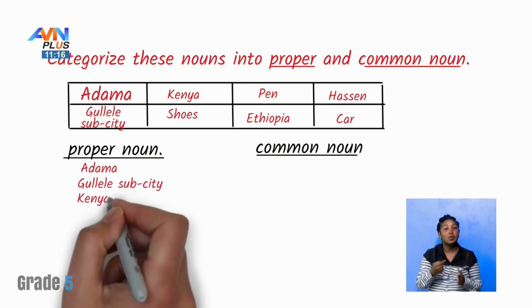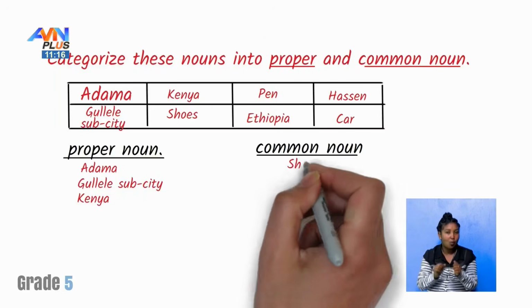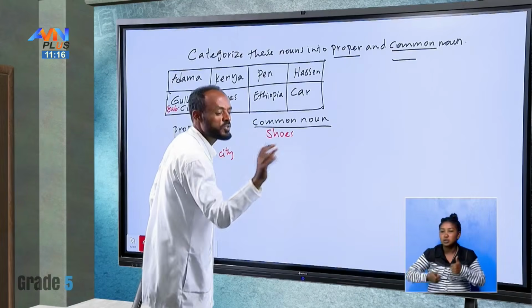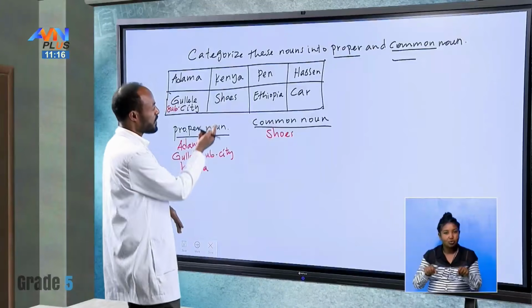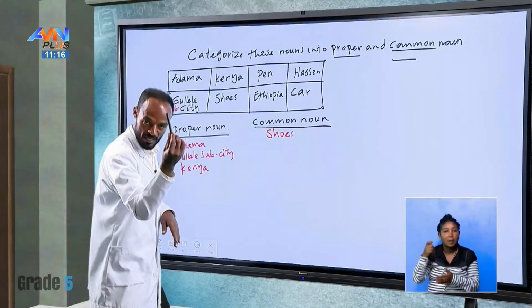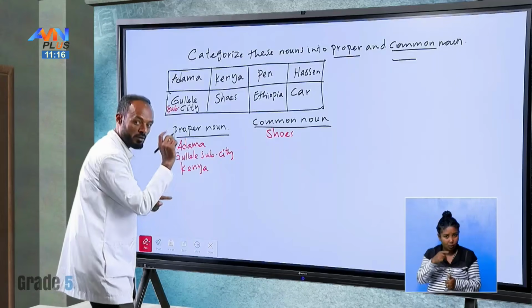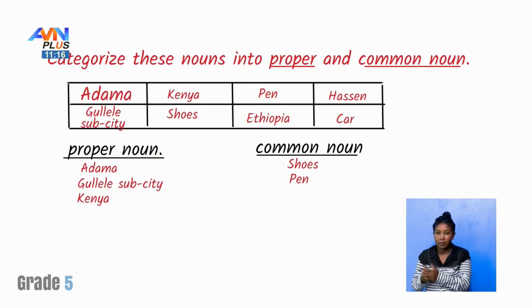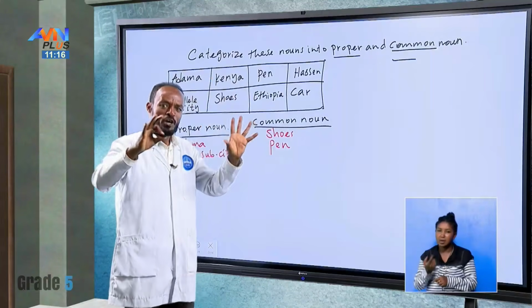What about shoes? Shoes, this one is common because we didn't mention which shoes. We simply say shoes. We don't know which shoes. So what about pen? Proper? No. You have to write it here because we didn't mention which pen it is. That's a general name for the pen.